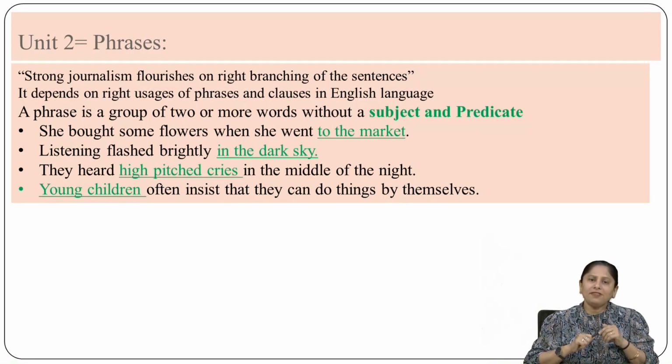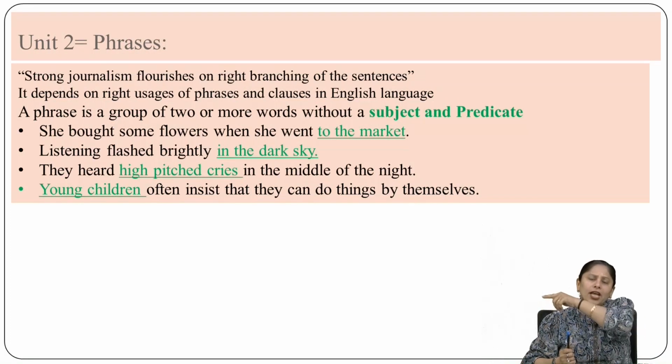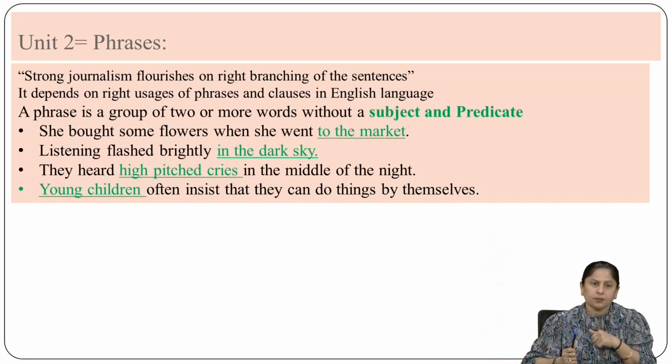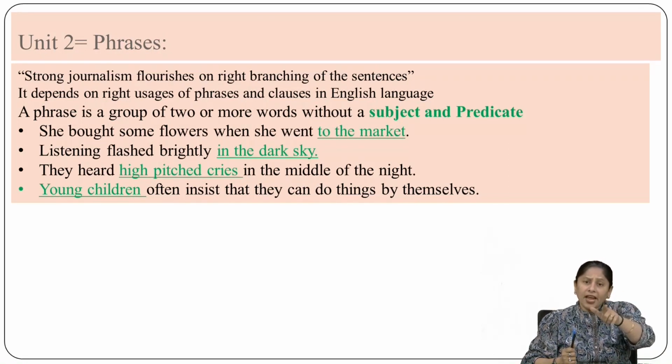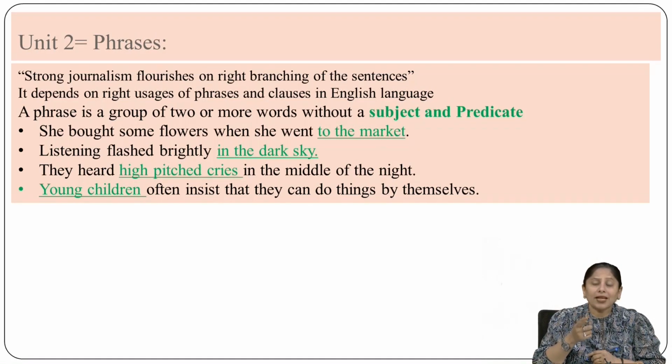She bought some flowers when she went to the market. Look, now she, as you know, is the subject and bought some flowers when she went to the market, the whole part, is known as predicate. Now, went is a verb and again to the market is a place. So again this, to the market, is an adverbial modifier.